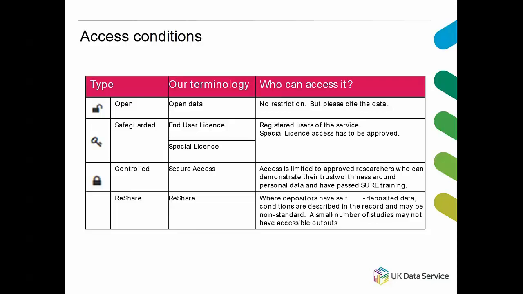Also, you will have to pass our Secure User Lab training before you can get these data. And finally, it is possible for the data depositors to self-deposit data with us, and they tend to decide on their own set of access conditions, which they will indicate in their data record. So these data will be deposited under ReShare conditions.